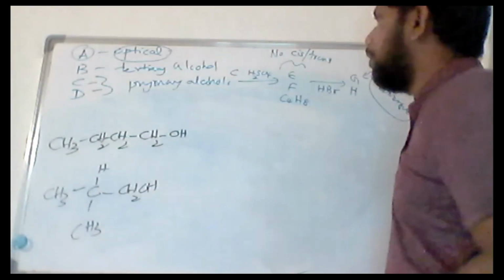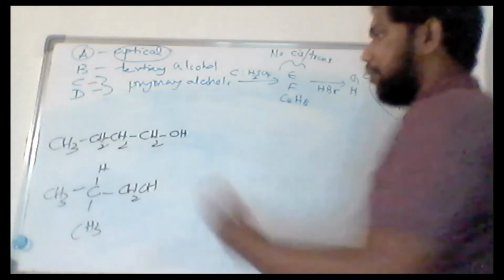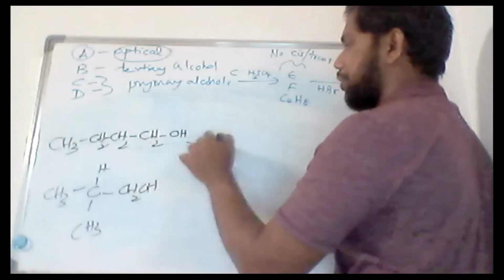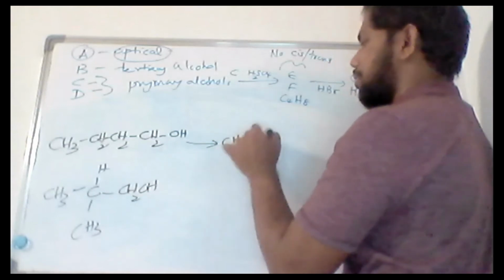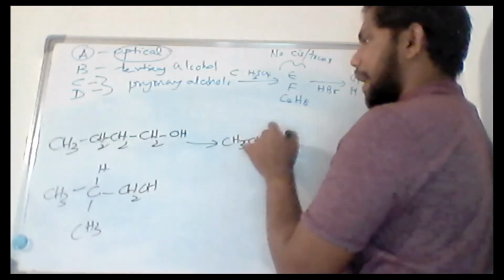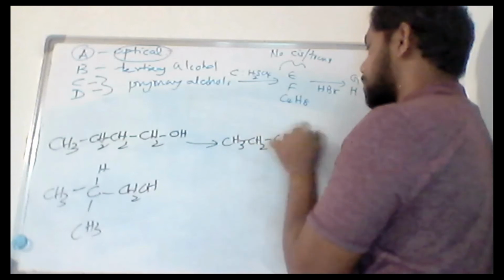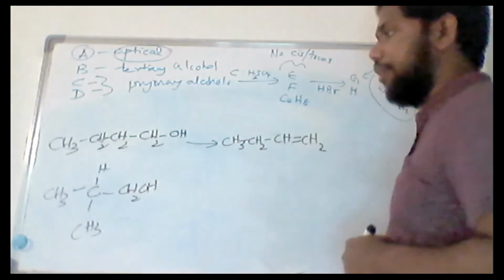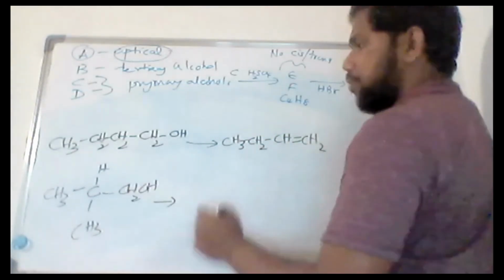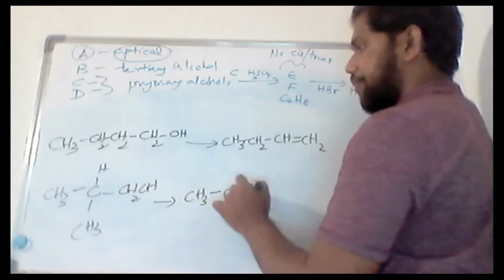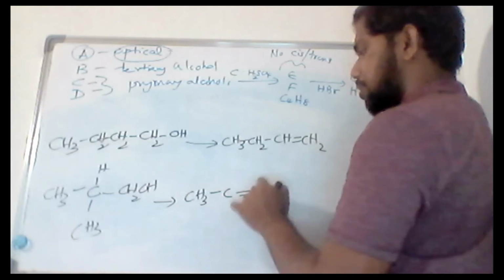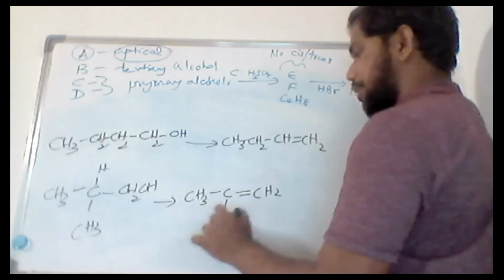Okay, so we treat this with conc H2SO4. So we will get this one, CH3 CH2 CH double bond CH2. This is one. And then when we treat this one with conc H2SO4, we will end up with CH3 double bond CH2 and CH3.